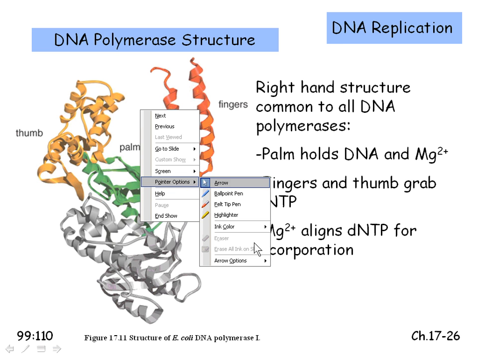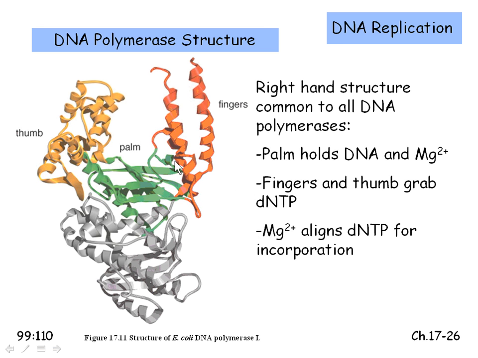I'm going to make sure this is set to visible, so you can see this. The palm holds the DNA substrate, so the template strand, as well as a short fragment of newly synthesized DNA. It also has magnesium, which is important for the catalysis of DNA synthesis.